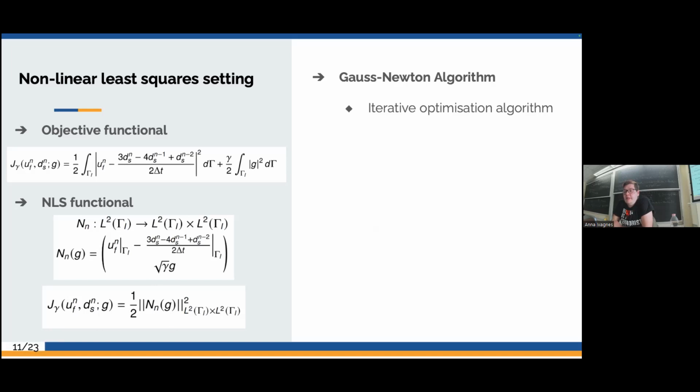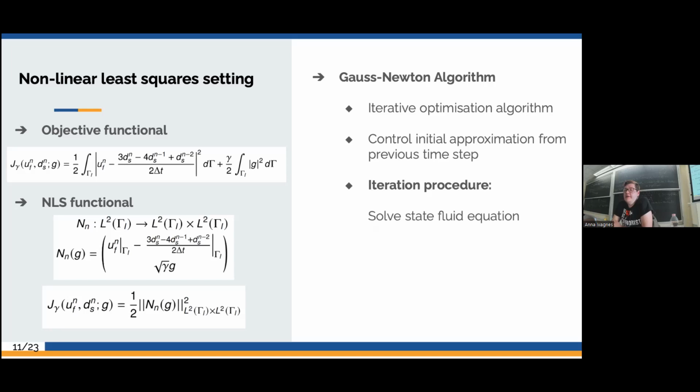I will quickly describe what we need for that. We need to define a control approximation, which is taken from the previous time step. Then during the iterative procedure, we can solve the state fluid and state structure equations in parallel.